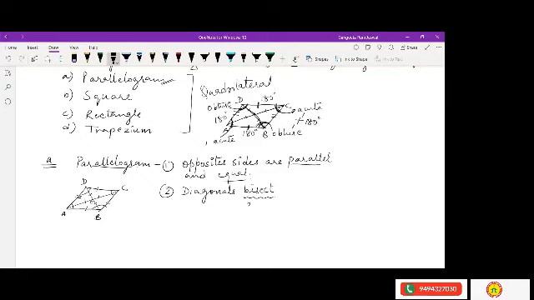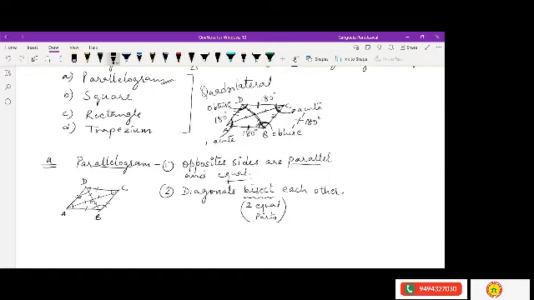Bisect means making it into two equal parts. Diagonals bisect each other. That means one diagonal is bisecting the other diagonal. Okay, and the first diagonal is bisecting the second one, and the second diagonal is bisecting the first one. Okay, diagonals bisect each other.